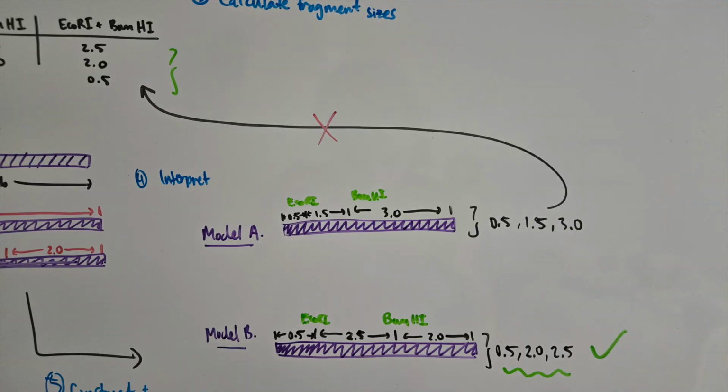For this, we're going to have to go with model B, because when you compare it to the table, there are cuts along 0.5, and you can go back to the beginning where there were cuts with E. coli. There is a cut at 0.5, and so we know for sure there is a cut by the E. coli restriction enzyme at 0.5.